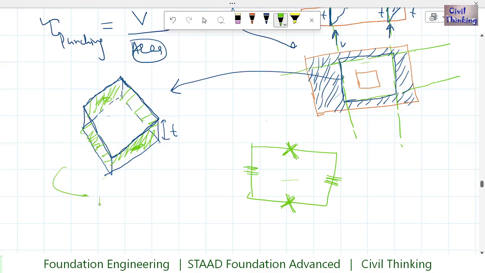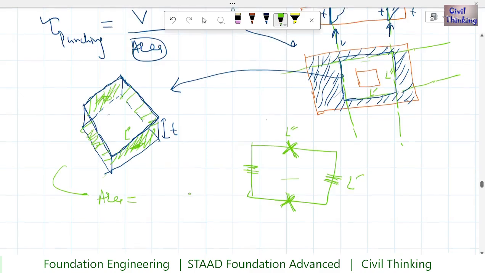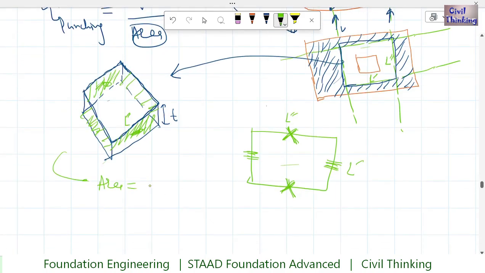Now let us say this is L dash, and this is L double dash. So the area is going to be this thickness T times L double dash, plus thickness times L double dash, plus thickness times L dash, plus thickness times L dash.